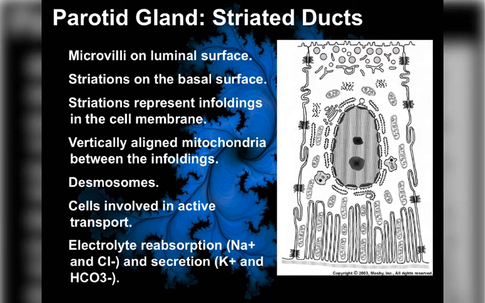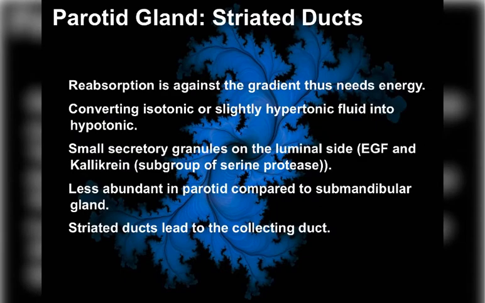And all of these are against the concentration, from the low concentration to the high concentration. So that's why it needs energy. That's why we have lots of mitochondria in striated ducts. Reabsorption is against the gradient, thus needs energy.